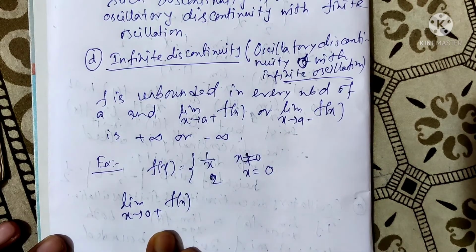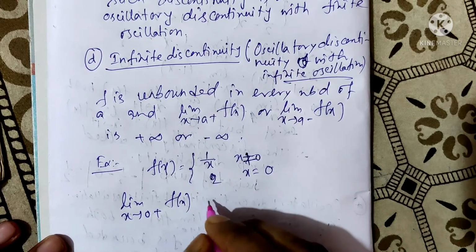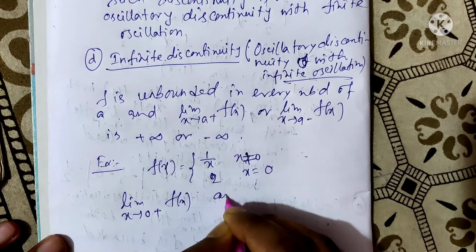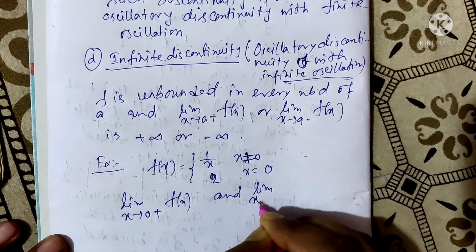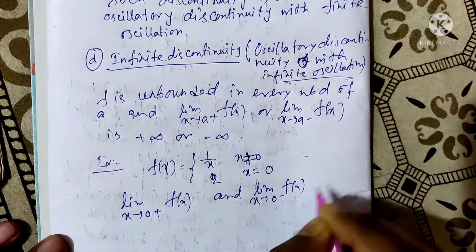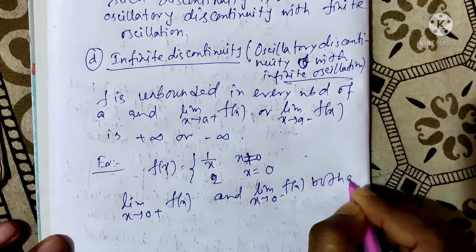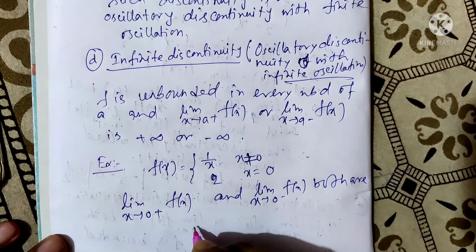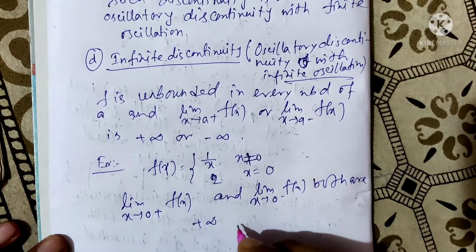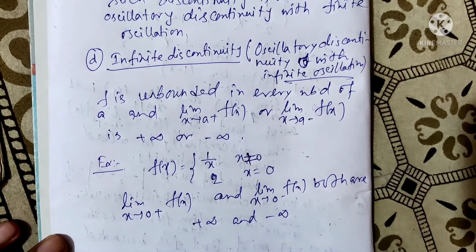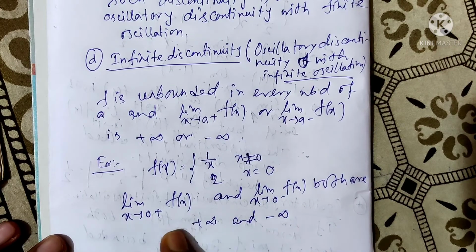In this example, the limit as x tends to 0 plus of f(x) and the limit as x tends to 0 minus of f(x) are plus infinity and minus infinity. So this kind of discontinuity is called infinite discontinuity.